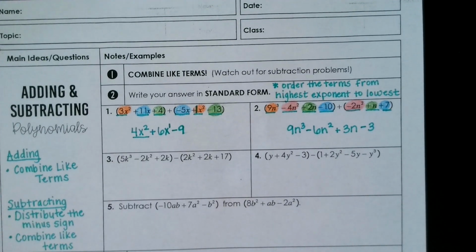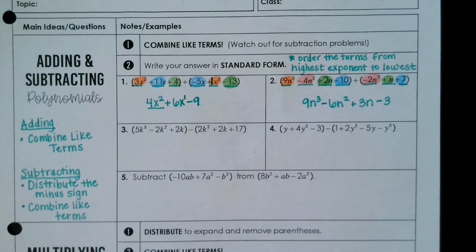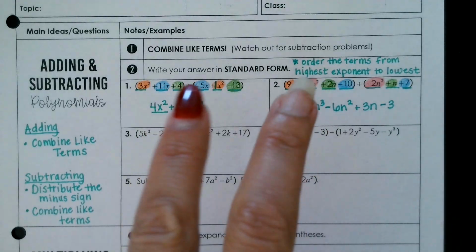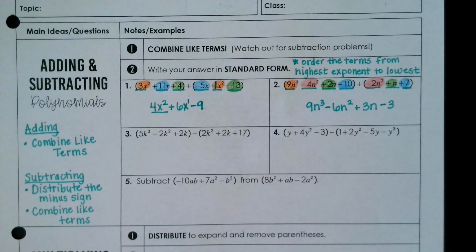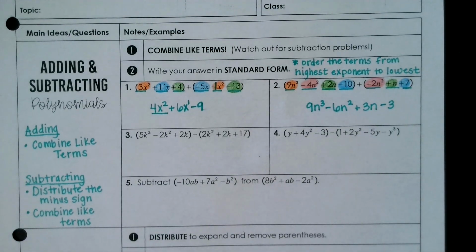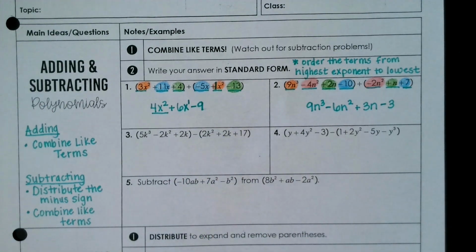Now, the second one, 2 and 4, is where we're subtracting. These are pretty simple. Look for the things that are alike, color code them if you want to, and put them together. Here's where people forget, on 3 and 4: we want to distribute the negative sign.